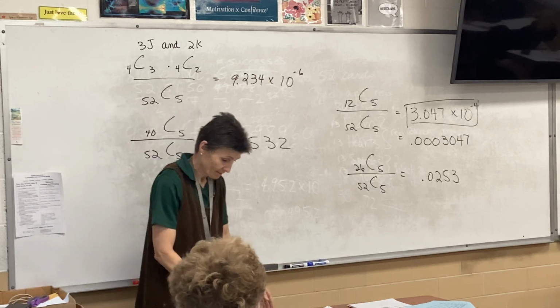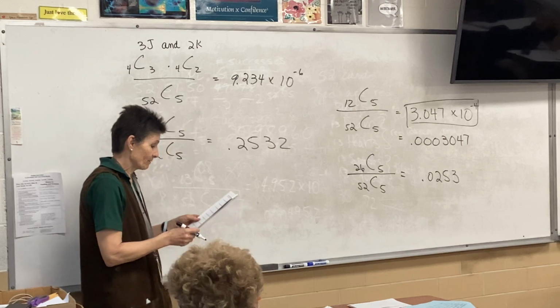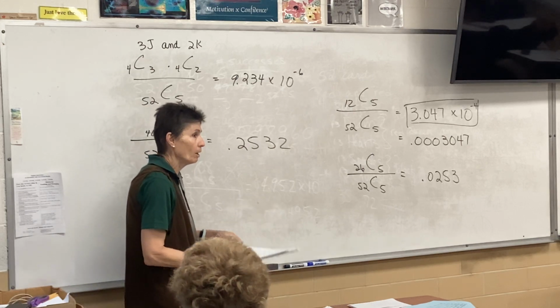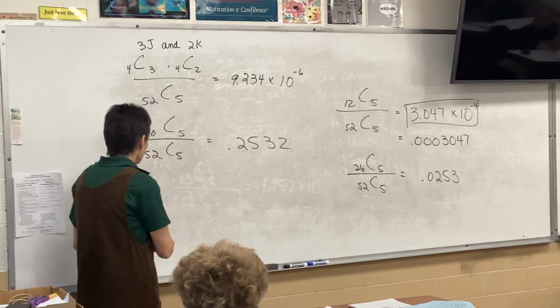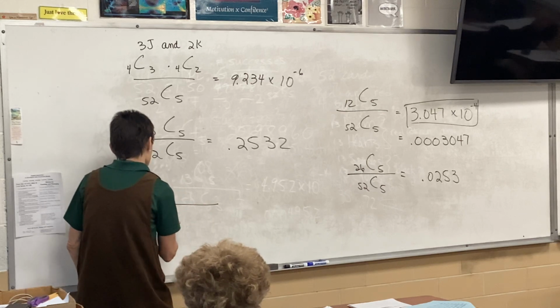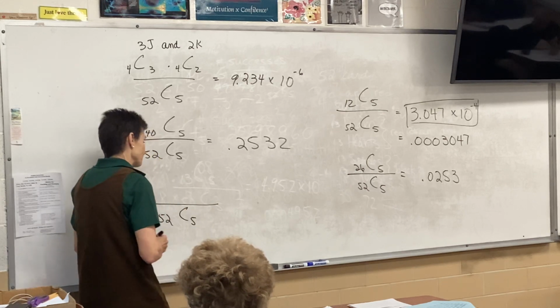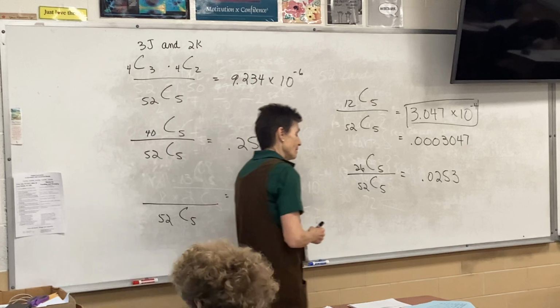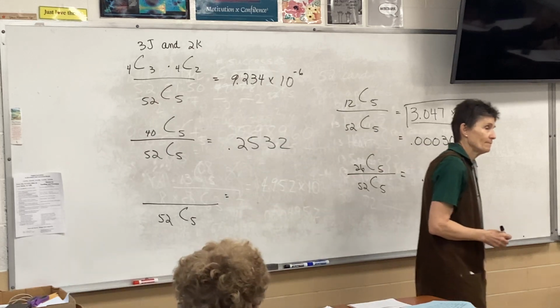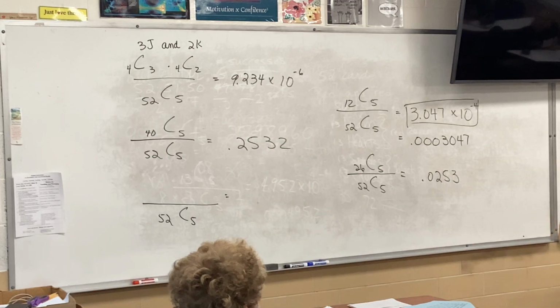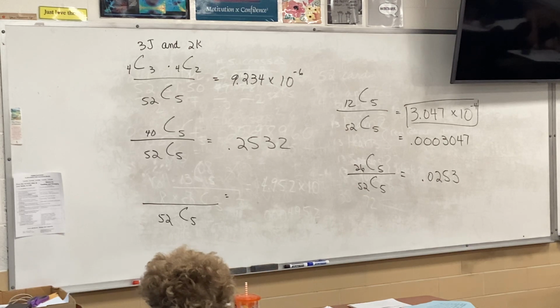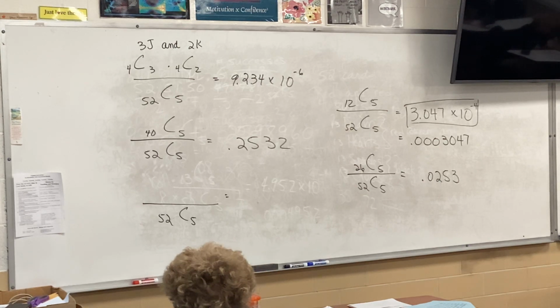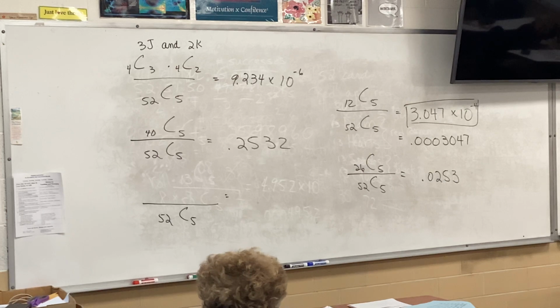Okay. What's the probability of being dealt a 5-card hand and having all of the aces? This problem is a little bit tricky. I want you to remember, how many cards are we dealing? 5. How many aces are there? 4.